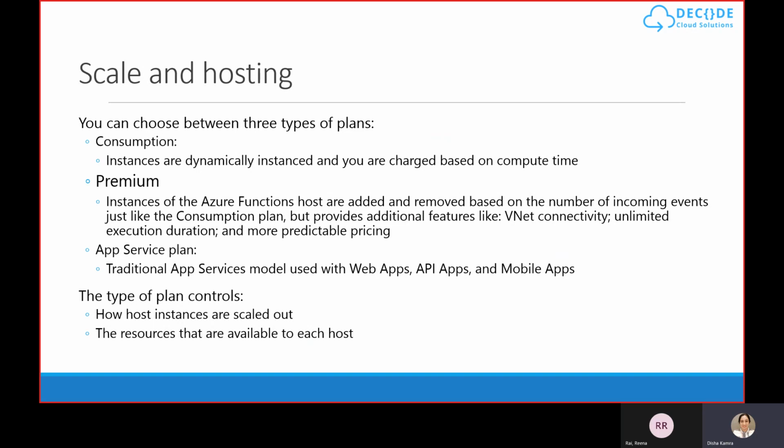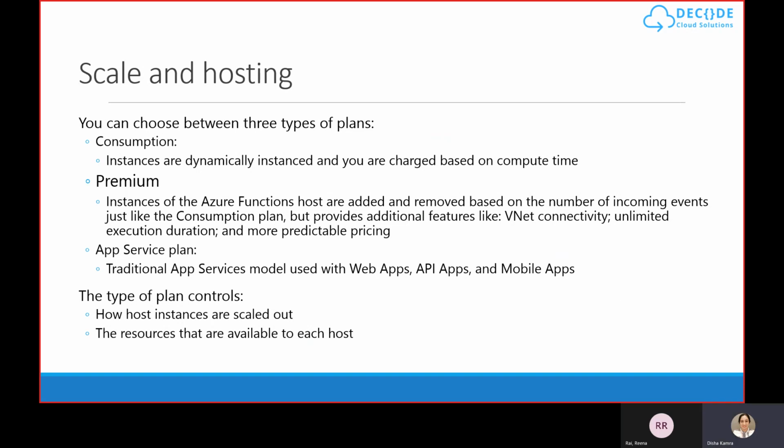However, when we go into the premium plan, that provides additional features such as compute instances, the ability to keep instances warm indefinitely, and VNet connectivity. While the App Service plan will allow you to take advantage of dedicated infrastructure which you manage, and your function app does not scale based on events, which means it's never scaled down to zero. Okay, so that's required when it should be always on.